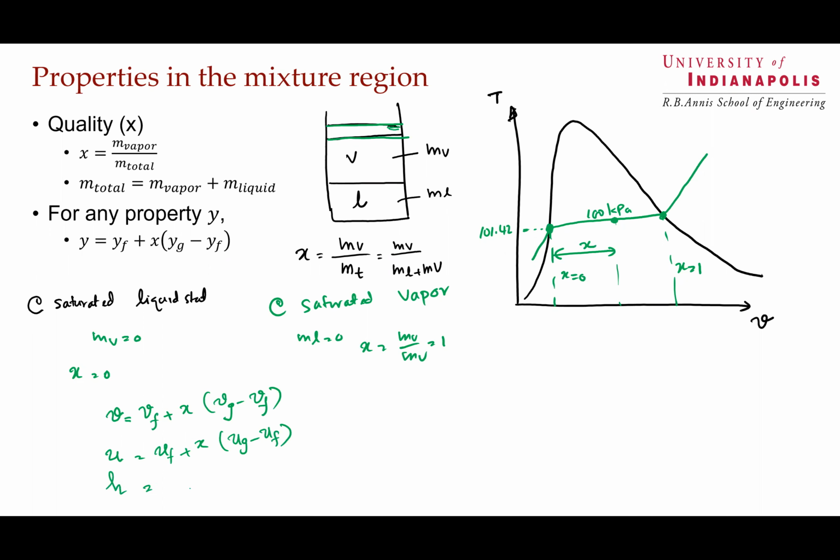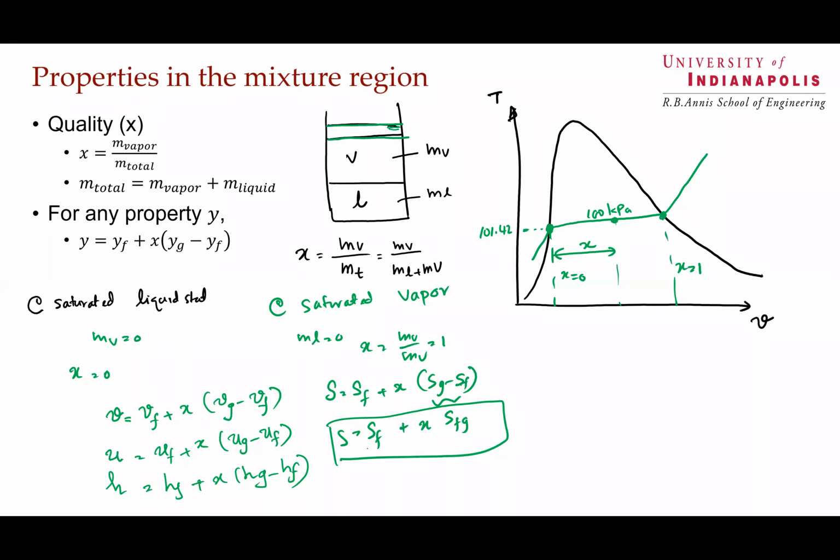And you can find H similarly, Hf plus x times (Hg minus Hf). And Ug minus Uf and Hg minus Hf are given as Ufg and Hfg in the table as well. And the S value can be found as Sf plus x times (Sg minus Sf). This is also given as Sfg. So you can find Sfg on the table, and that's how we find these values.